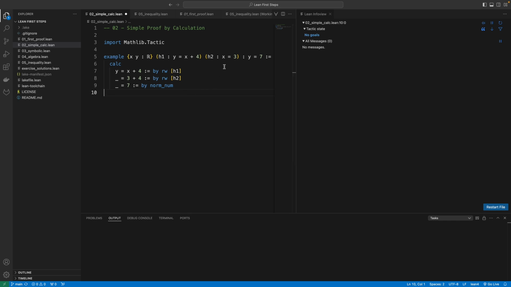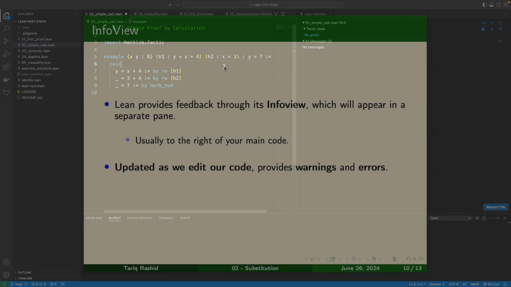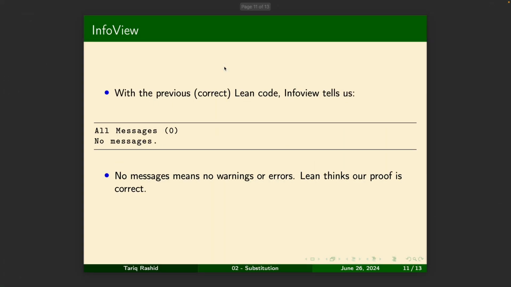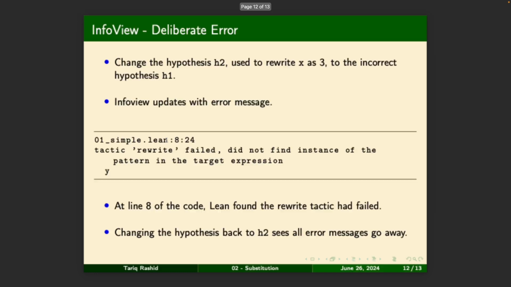That's actually a lot more than I wanted to talk about Infoview, but I guess I got flowing. So we talked about Infoview. We said that no messages means there's no warnings or errors, which is good. If there's no warnings or errors, then it doesn't think there's a problem with the proof.